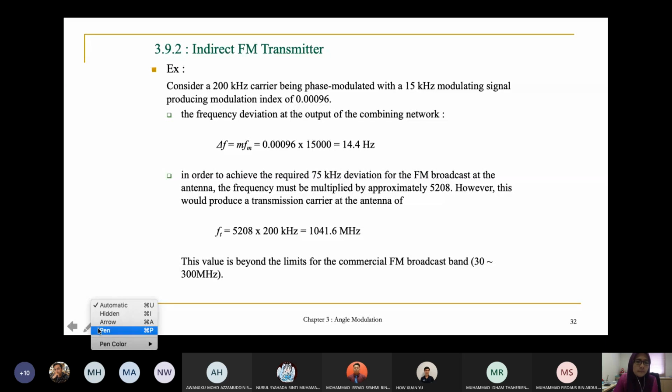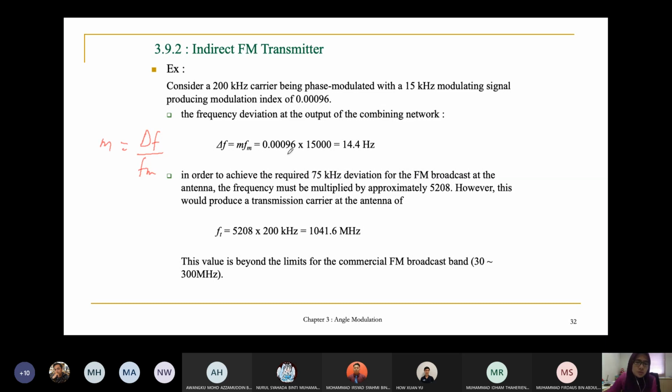So you will get modulation index equals 0.00096. And also you can calculate the frequency deviation delta F. You know that M equals delta F over Fm, so delta F equals M times Fm.